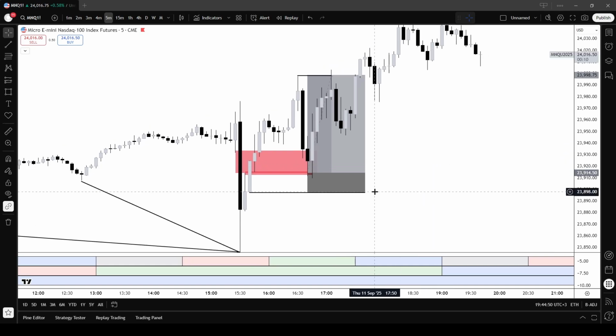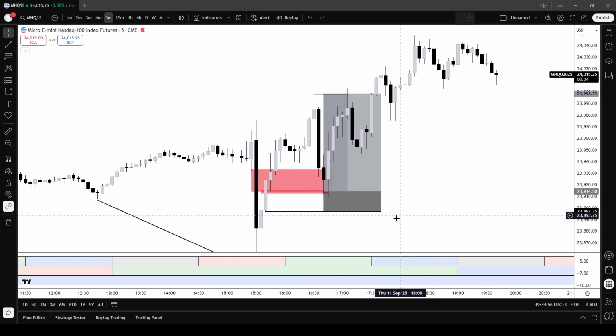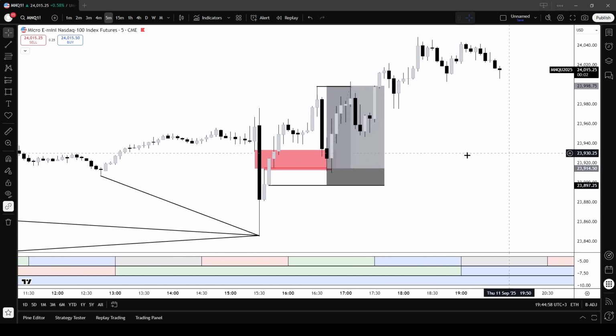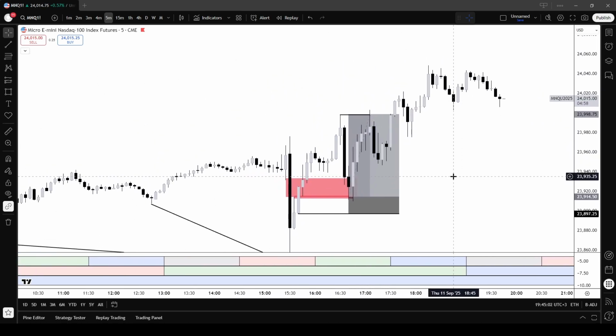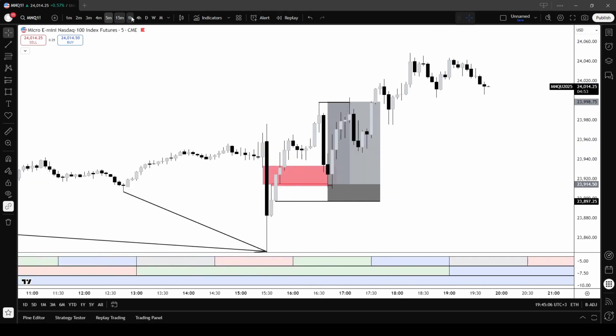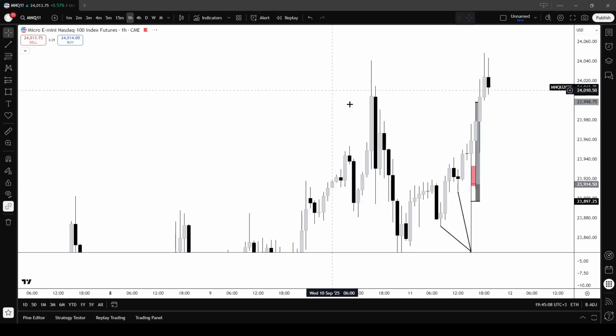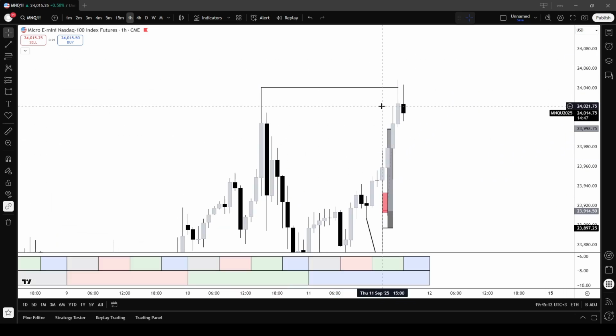Also today I tried to trade ES, but it didn't really work out. I didn't find any good entries, so I just traded micro E-mini Nasdaq instead. And let's see if we had any liquidity. Yeah, we had this liquidity, as you can see here.